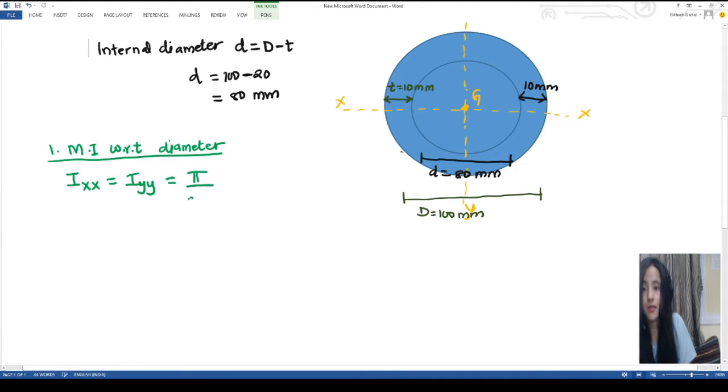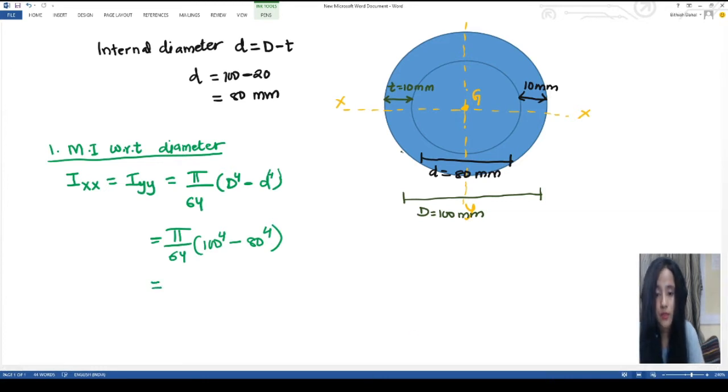pi by 64 times (D raised to power 4 minus small d raised to power 4). So this will be equal to pi by 64, external diameter is 100 raised to power 4 minus internal diameter 80 raised to power 4. Let us solve it in a calculator.